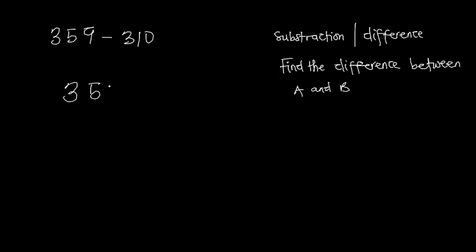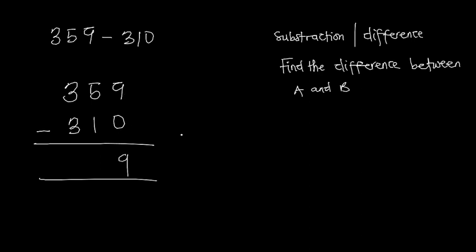Writing them in our column manner, we have 359 and then 310. We have our subtraction sign here, and then we underline them. Now I have 9 in the ones column. 9 minus 0 will give me 9, because nothing has been taken out of the 9, so we are still left with 9.